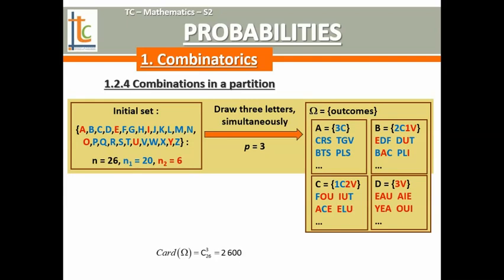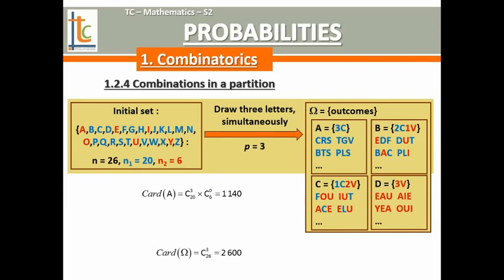So the cardinal number of omega is C26,3, that is 2600. And the cardinal number of A is C20,3 times C6,0.